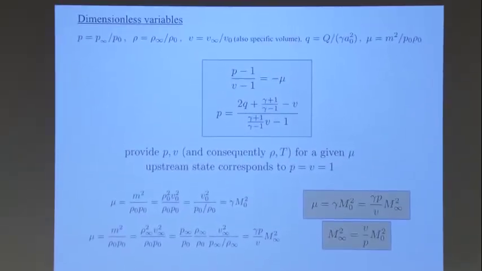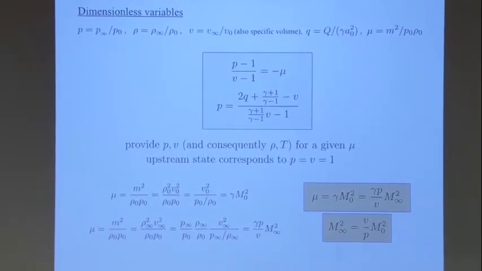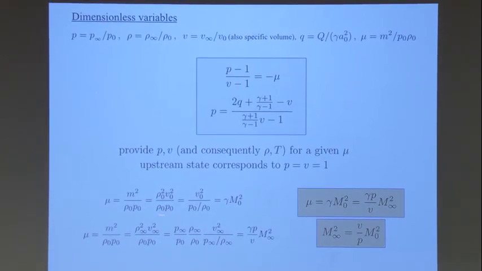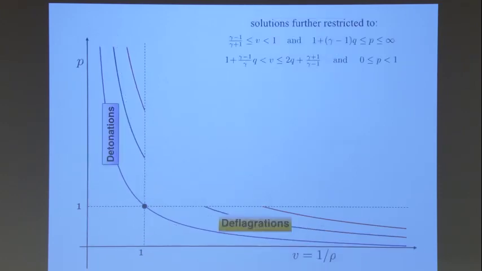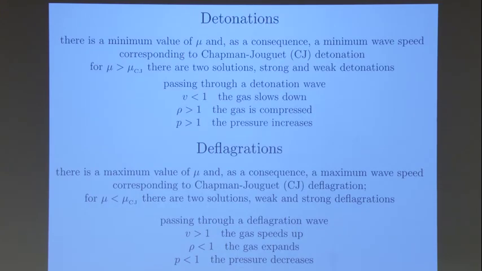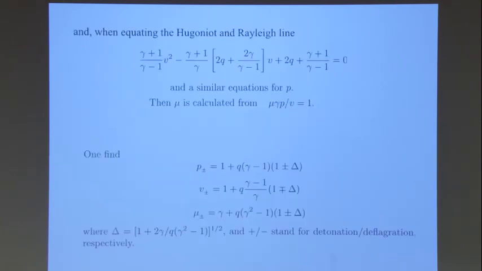Here is where I said it in words, but I missed really defining it: essentially it's the gas velocity divided by the speed of sound. With a subscript 0, it means ahead of the flame, so this is the Mach number ahead of the flame, and with the infinity is behind the flame. Not the flame, but the wave. Yeah, good point. I'm glad that you raised that up.